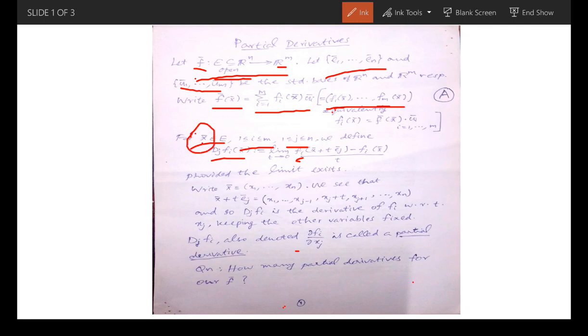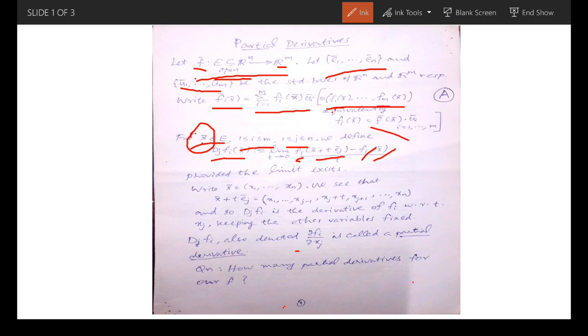So dj fi at x, look at the quotient. Take the ith component of f, namely fi. Evaluate it at the point x. Then take a neighboring point of x, but only in the direction of ej. The change happens only in the direction of ej. So fi of x plus tej minus fi of x divided by t.